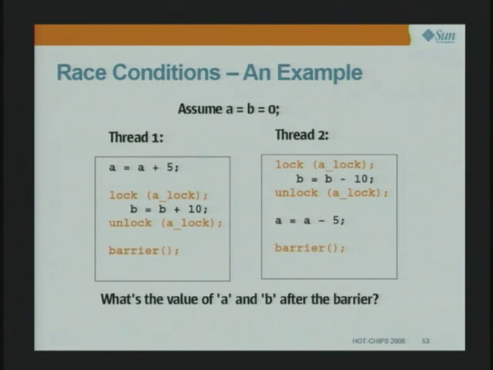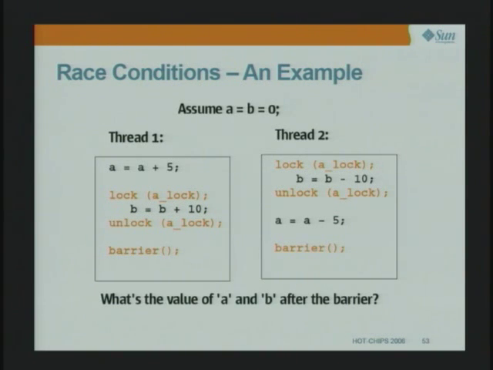Here's an example showing a race condition. Assume I have two variables, A and B, and the initial values of A and B are 0. In thread 1, you add 5 to A and add 10 to B. And in thread 2, you subtract 10 from B and subtract 5 from A. Then you put the operation on B in a lock, but you do not put the operation on A in a lock. So what will happen?